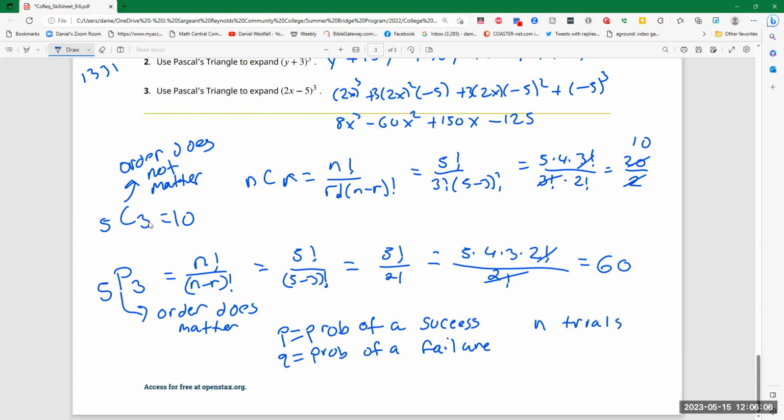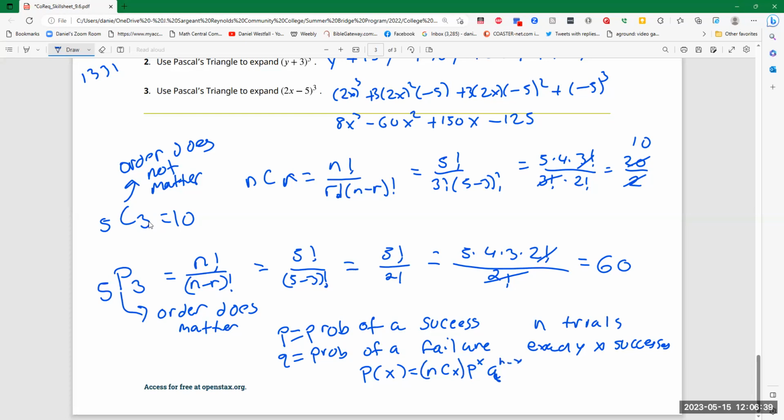Independent is a word that you don't know yet, though, that we might talk about next time. And then we want exactly X successes. We're going to have a formula that says the probability of exactly X successes is going to be N choose X, P to the X, Q to the N minus X.